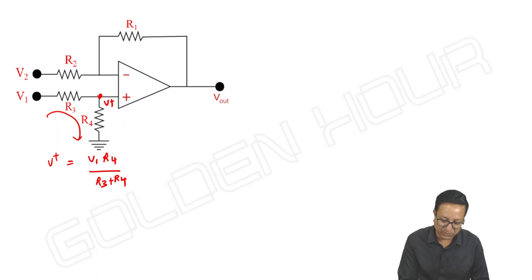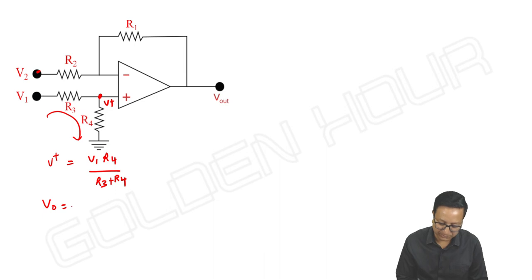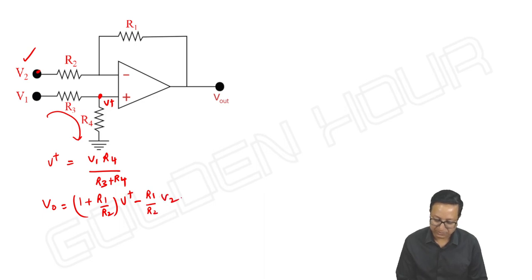Once you know the voltage at the non-inverting terminal, what is the output, friends? V output is equal to 1 plus R1 by R2 into V plus, which is of course equal to V minus, and the effect of V2, that is minus R1 by R2 into V2.